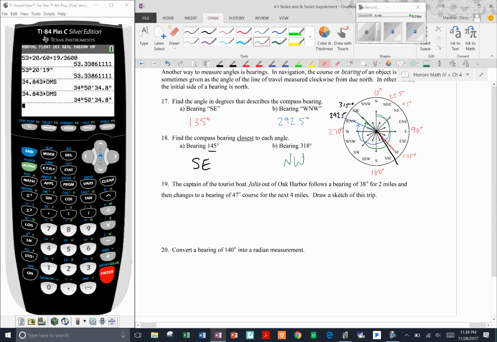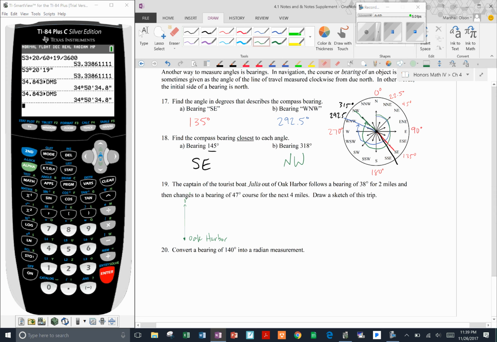So number 19, it says the captain of the tourist boat Julia out of Oak Harbor follows a bearing of 38 degrees for 2 miles and then changes to a bearing of 47 degrees for the next 4 miles. And then it wants us to draw a sketch. So let's just start with Oak Harbor right here. Due north, I'm just going to lightly draw this in here. This is 0 degrees. That's due north.